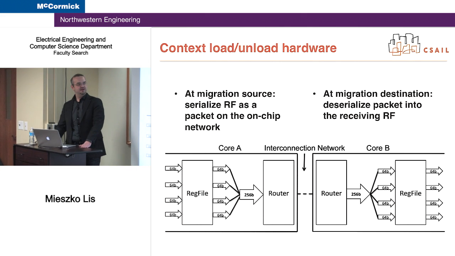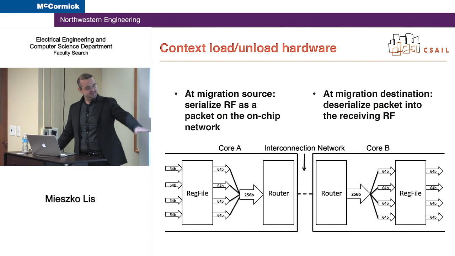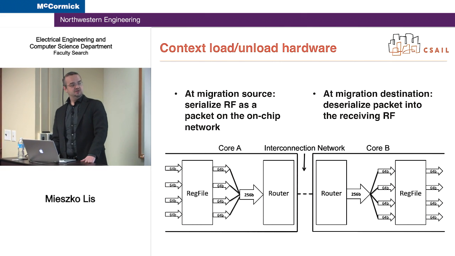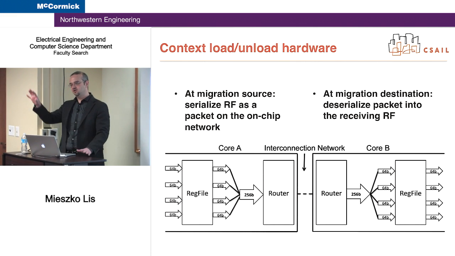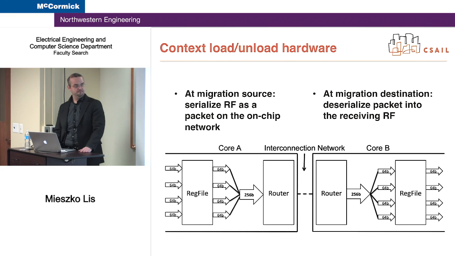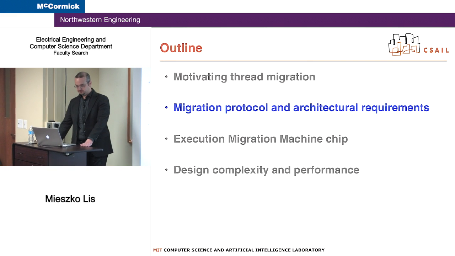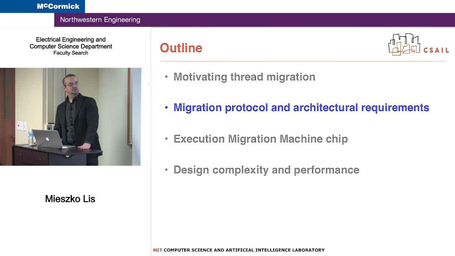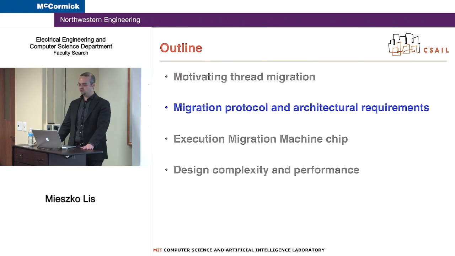You slap an address on it, and at the destination core, on the right-hand side, you basically undo this packing and load the context into the running core. So in principle, it's simple, but let's look at what requirements, what actual architectural problems arise from this.